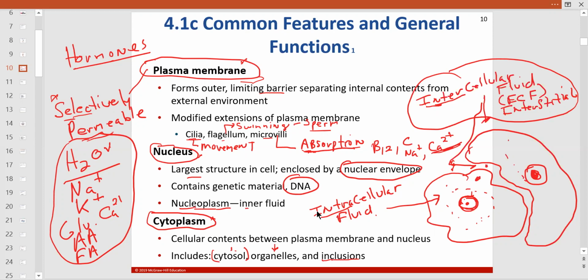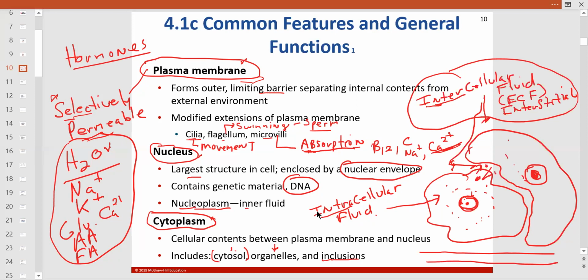Do you understand that? Because things are going to go in and out of cells between the fluid and the cytosol. And what's the barrier between those two? The plasma membrane. And then it gets even more complicated because you have blood vessels. Everybody knows a blood vessel, like a capillary.